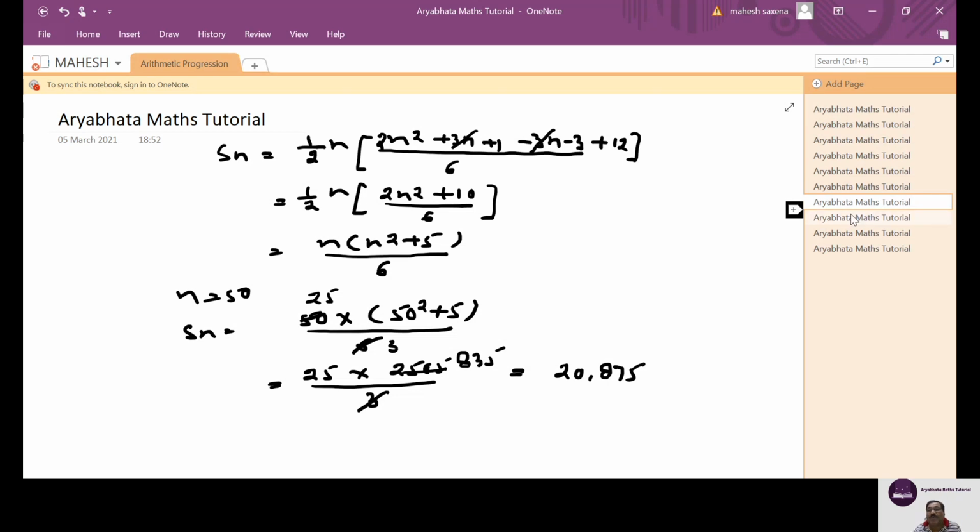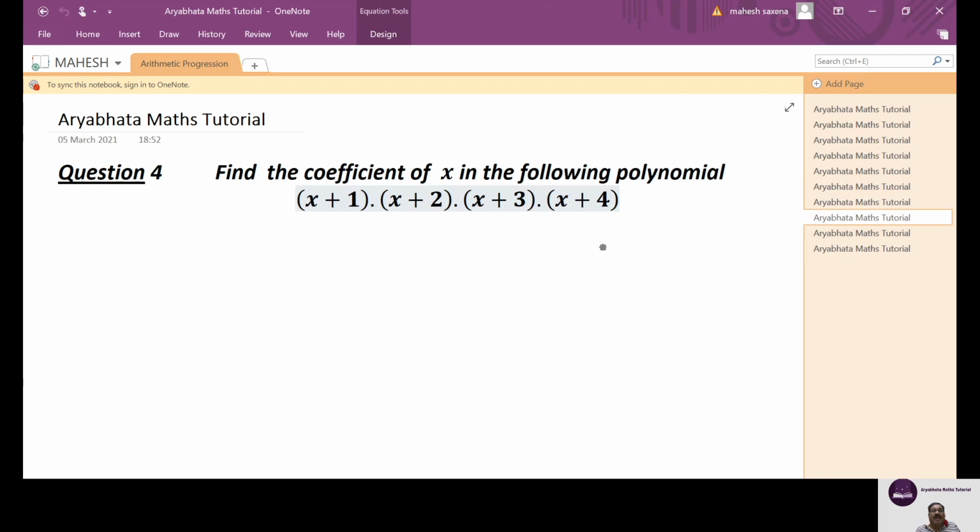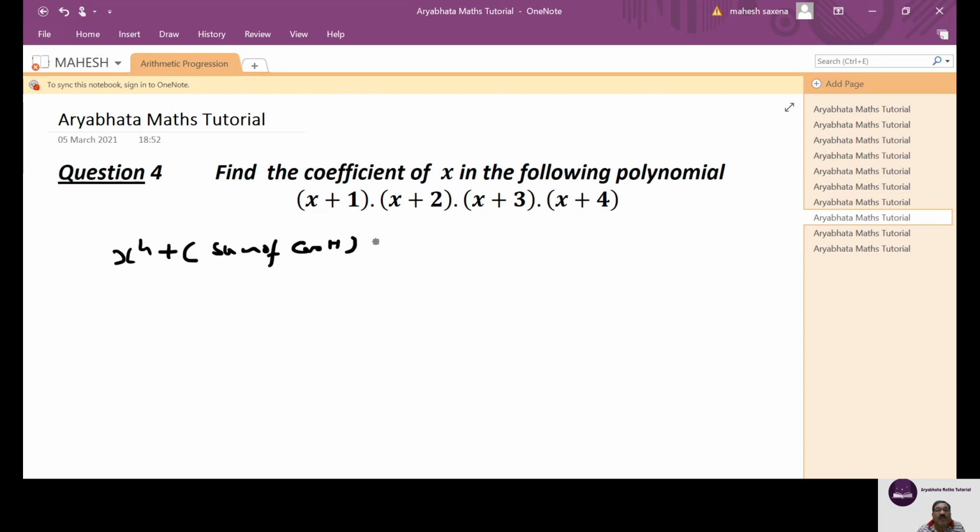Now I come to the fourth question. Fourth question was find the coefficient of x in the following polynomials. There are 4 terms, therefore its expansion will be x to the power 4, first term, then sum of constants into x cubed, plus sum of products of 2 terms at a time, that is 1 into 2 plus 1 into 3 plus 1 into 4 and so on, x square.